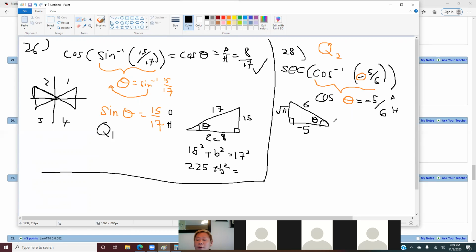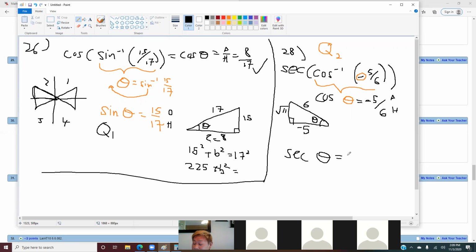So now you need to find what secant theta is. Do you know cosine is adjacent over hypotenuse? Then secant is what over what? Hypotenuse over adjacent.